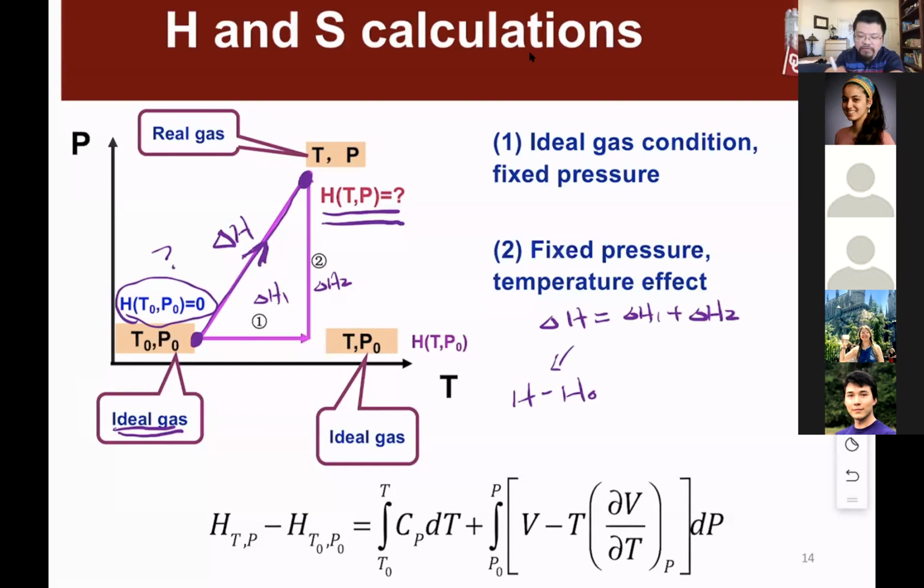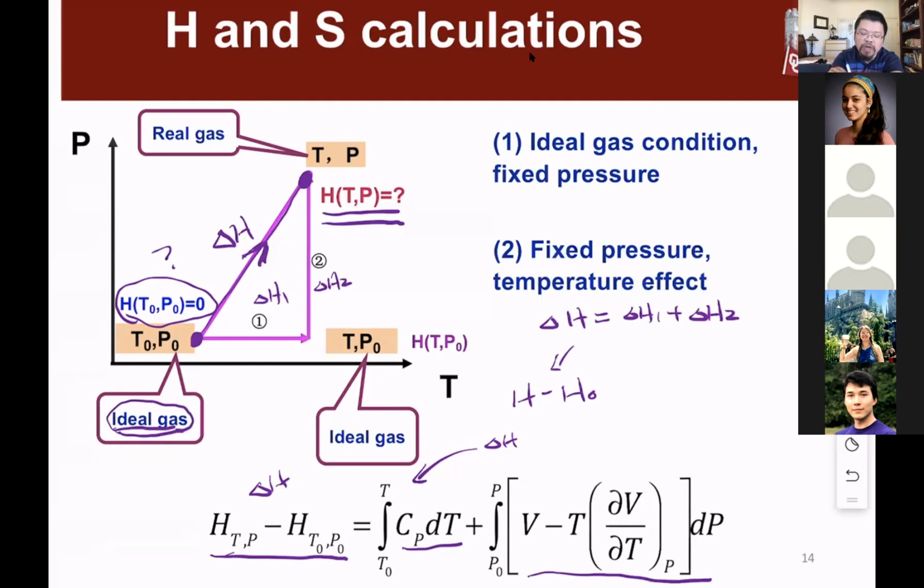Okay. For the delta H itself, as we saw from the previous slides, we are moving from T naught, P naught to T, P. And this delta H, we are able to evaluate using the equation we just derived, right?